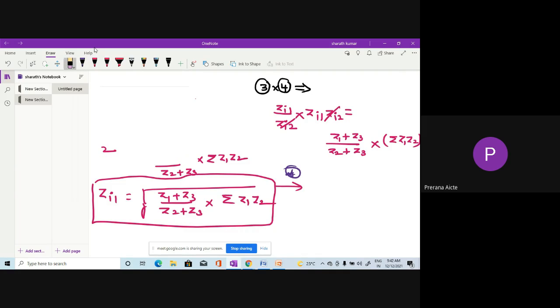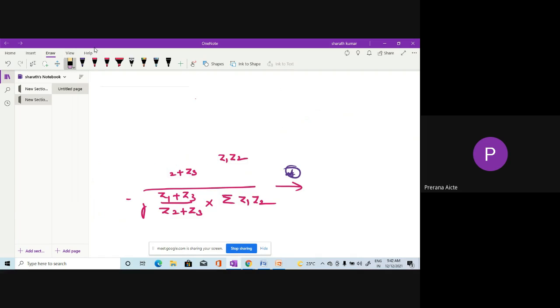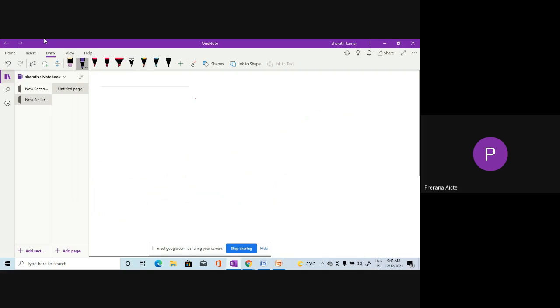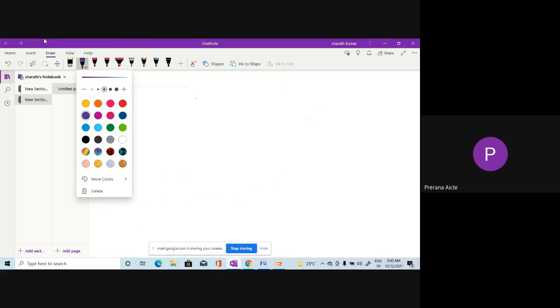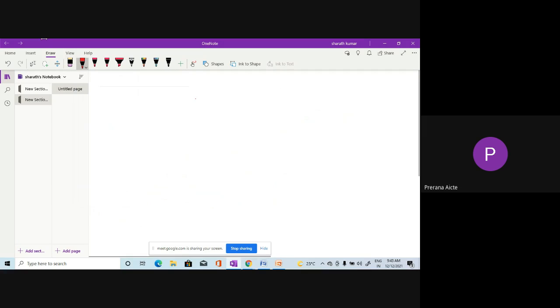Now I am performing equation 3 divided by 4.